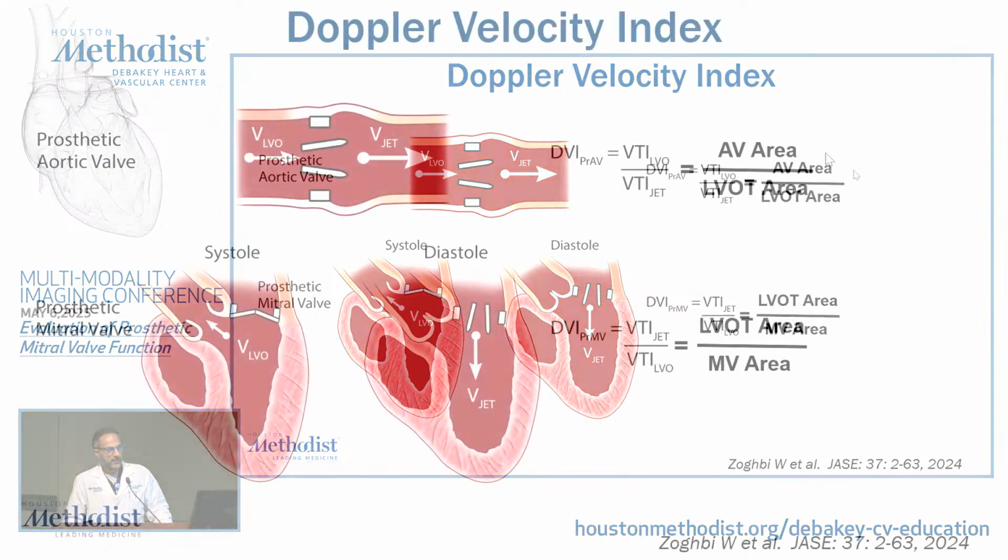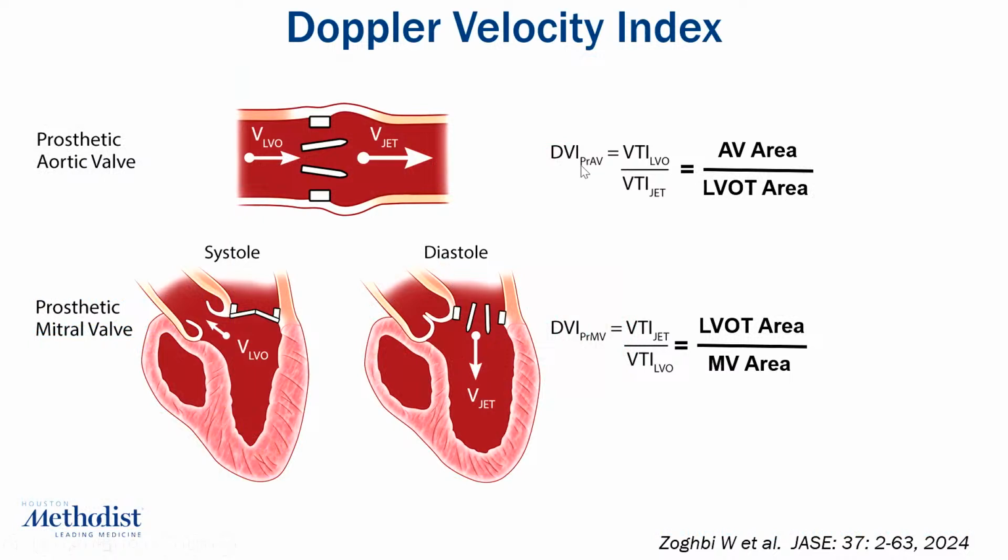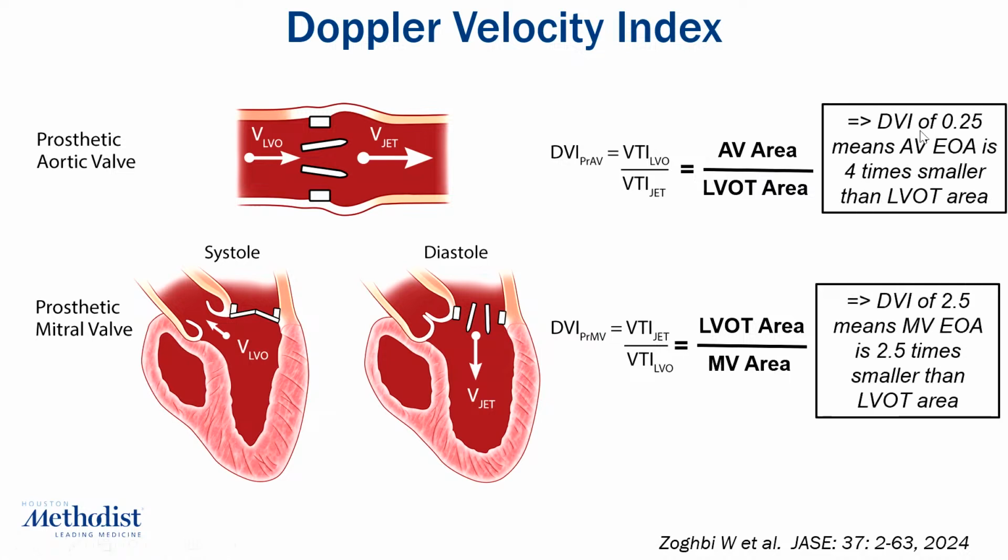For the aortic valve, the DVI ratio that we calculate every day and report, 0.7, 0.6, 0.5, whatever, is simply the aortic valve area over the LVOT area. Meaning if you report a DVI of 0.25, you're indirectly saying that the aortic valve area is a quarter of the LVOT area. That's what it is.